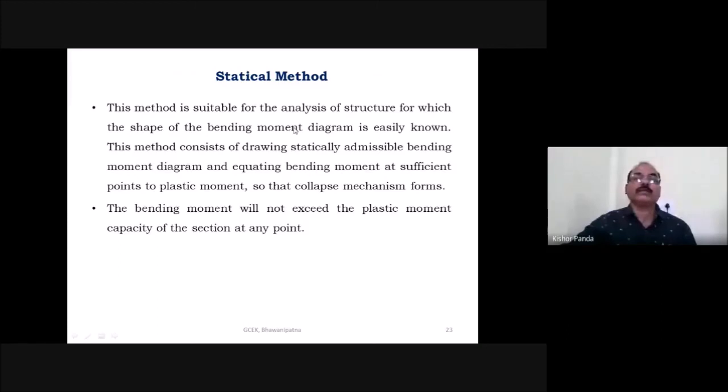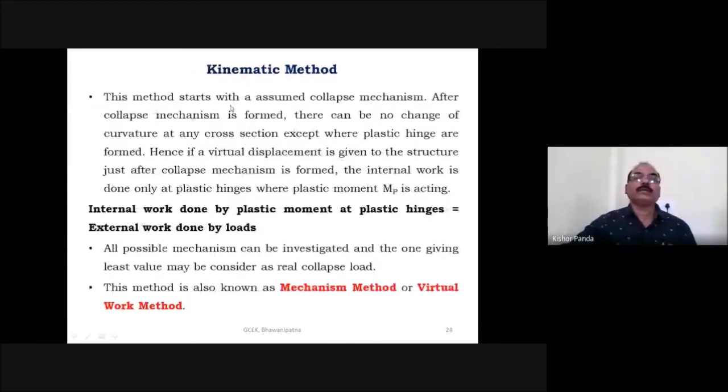But in the kinematic method, you start with an assumed collapse mechanism. After the collapse mechanism is formed, there can be no change of curvature at any cross section except where plastic hinges are formed. Hence, if a virtual displacement is given to the structure, just after the collapse mechanism is formed, the internal work is done only at plastic hinges where the plastic moment is acting.